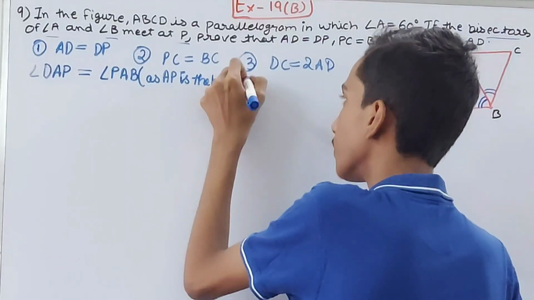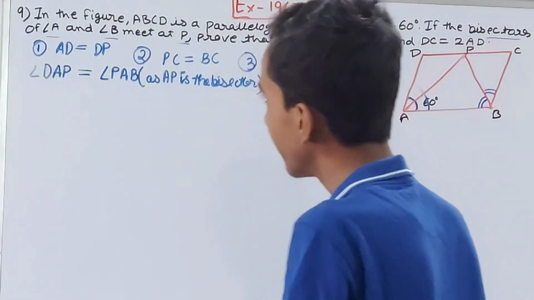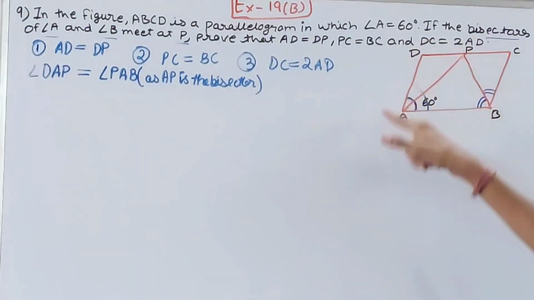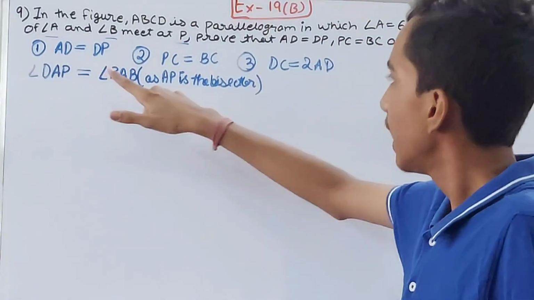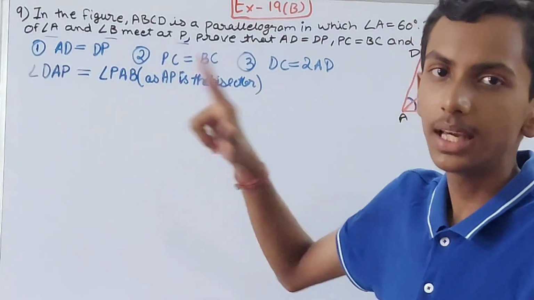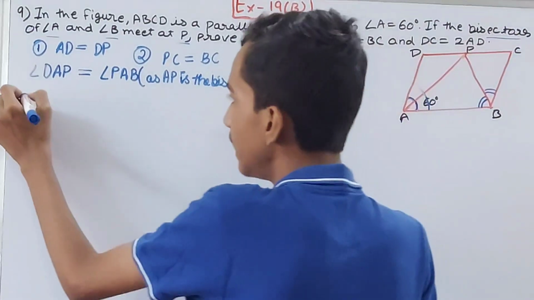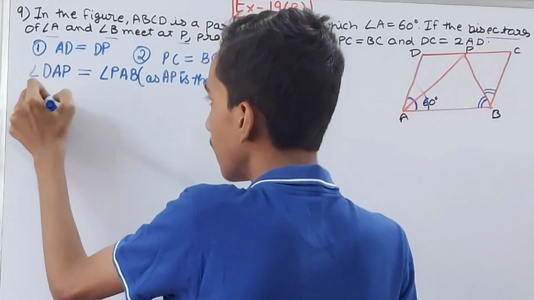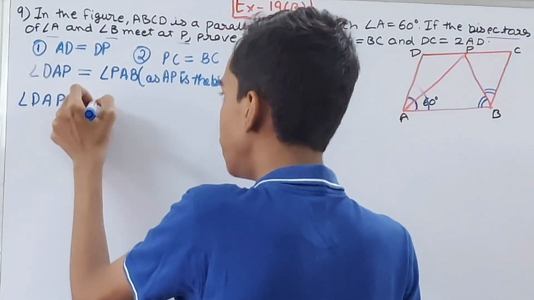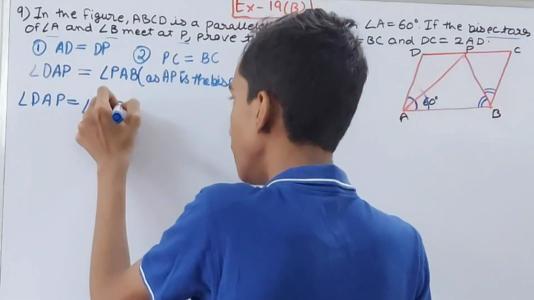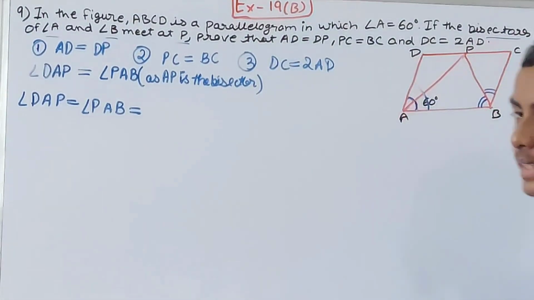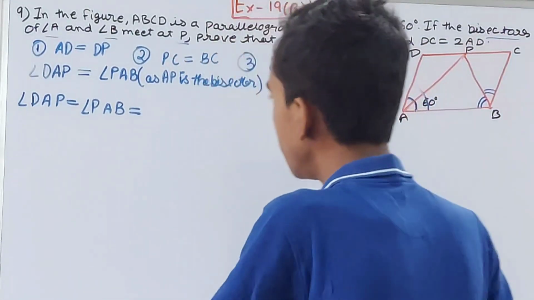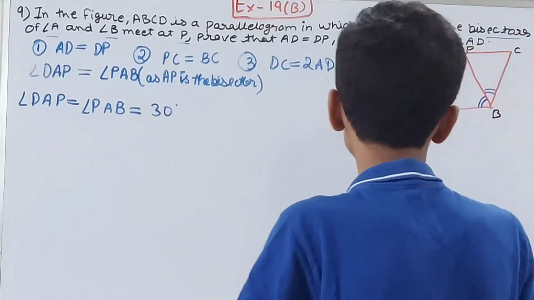So what we will get here? Look, entire angle A is 60 degrees. Angle DAP will be equal to angle PAB. So that means angle DAP and angle PAB will each be equal to half of 60 degrees. Half of 60 degrees is 30 degrees.